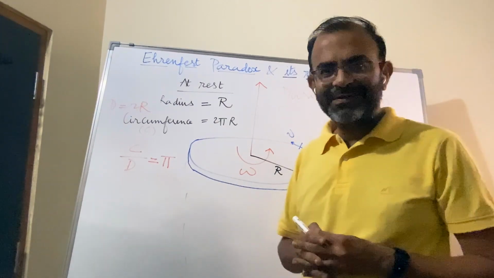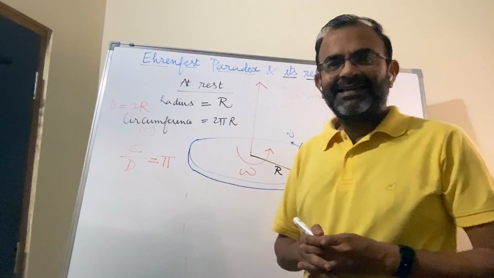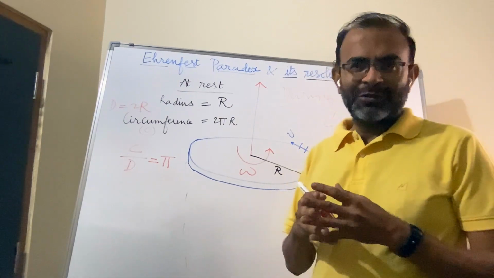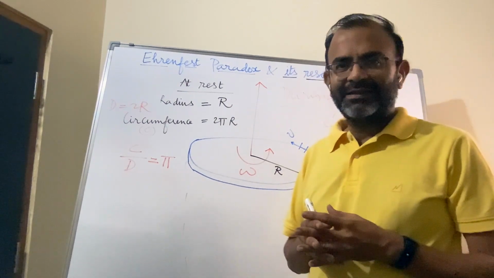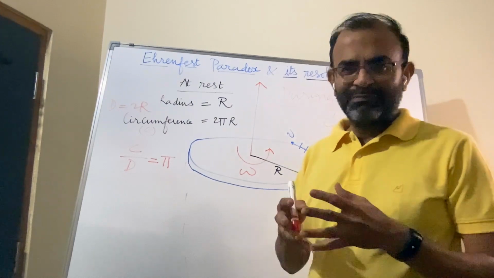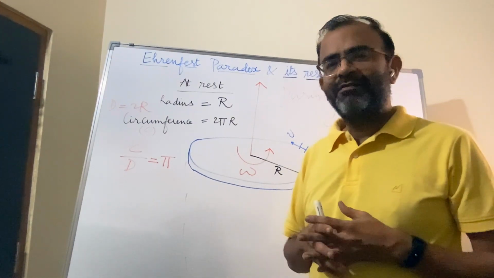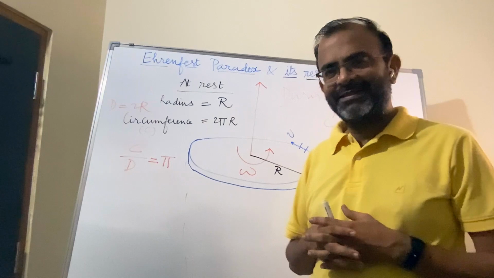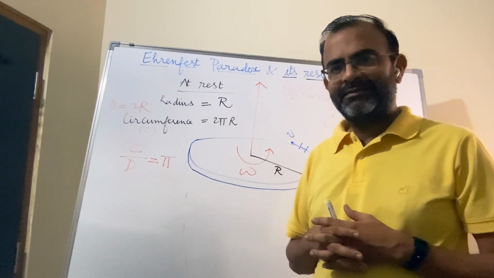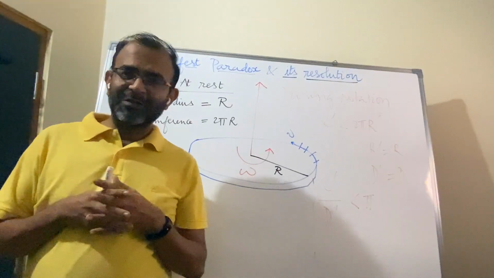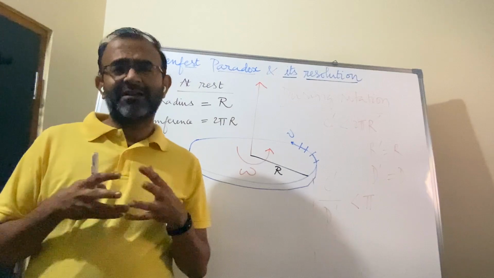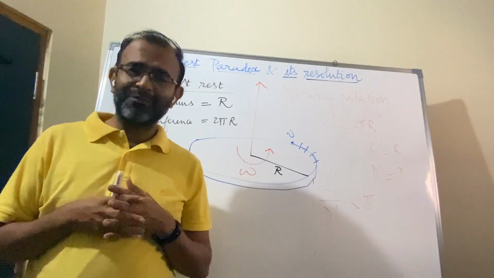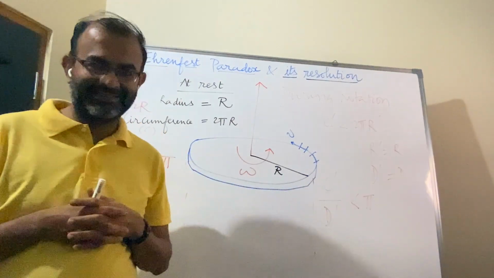Let us now get into the resolution of this paradox with a simple argument, and then we can further dive into the details later. When this paradox was presented to Albert Einstein, he was already working on the development of the general theory of relativity.